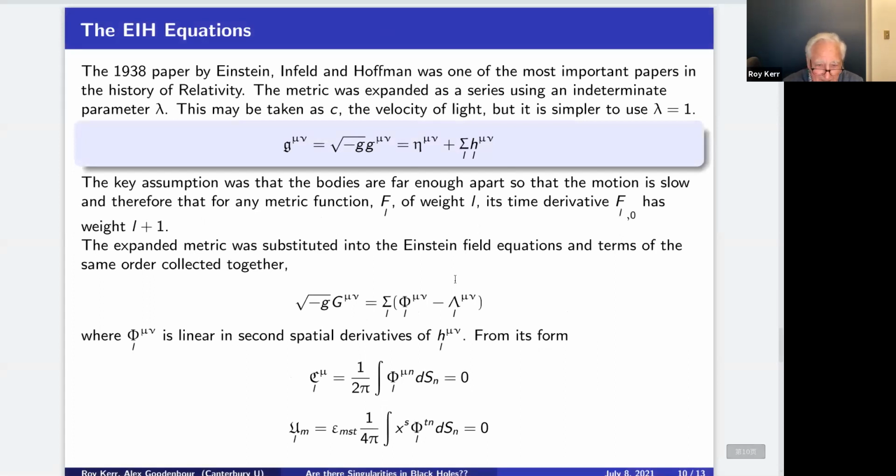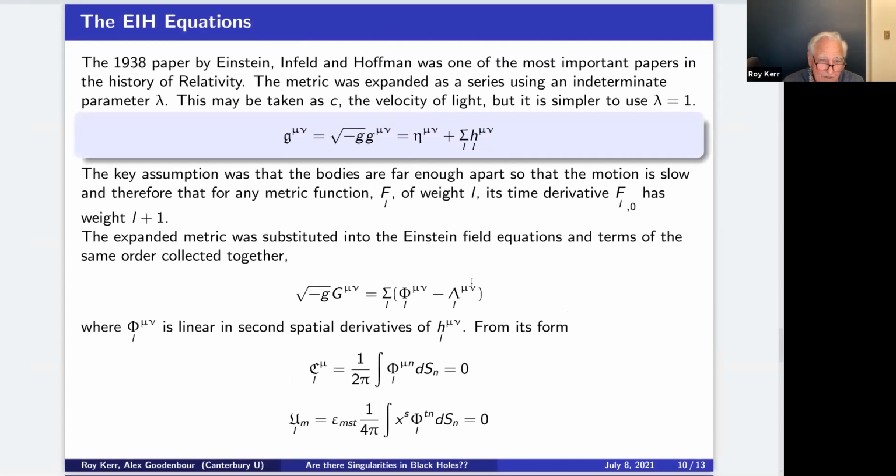I'm going to run out of time soon. I was going to talk about the Einstein-Infeld-Hoffmann equations. This 1938 paper by Einstein, Infeld, and Hoffmann was one of the most important papers in relativity. What they showed was that you could actually start to solve the two-body problem using these methods as long as things were slow moving.